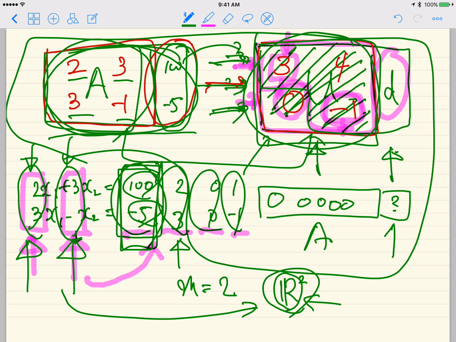Not yet considering the b vector, how many equations do we have? The number of equations is 3 because we have 3 rows. How many variables? 4, right? Because it doesn't contain the b part yet.